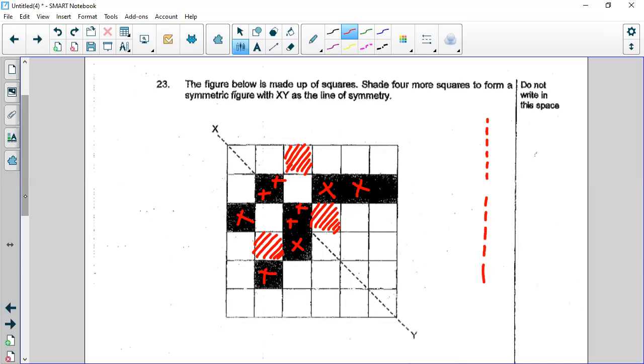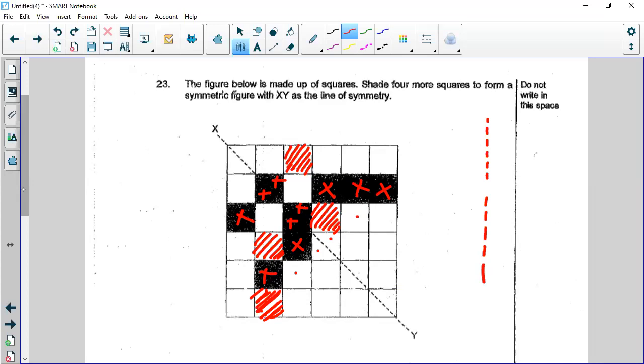So you turn the paper, it will be easier to see. Now this square, then how about the other side? So you count. How do you count? 1, 1.5, so half, 1. So there's no square over here, so you have to color. So these are the 4 squares that you need to shade. Correct? So turn the paper around so you don't have to turn your neck.